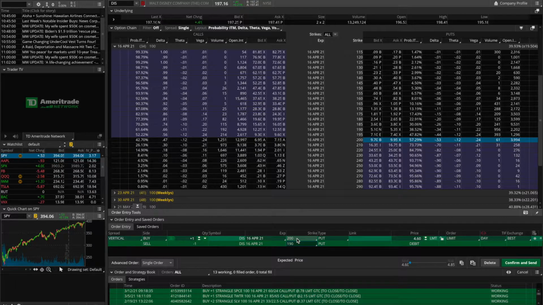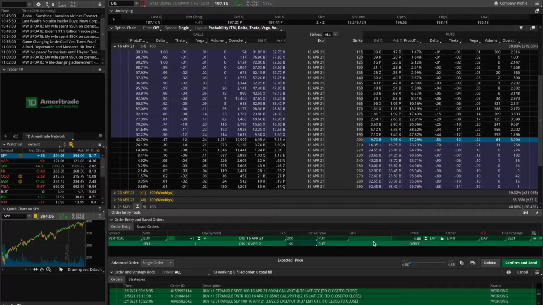Again, times 100 shares, that's an overall profit of $400. But I still had to pay $460 to put on this position. So if I made $400 trading the stock, but I had to pay $460 for these options, then in the end, I actually walk away with a $60 loss.